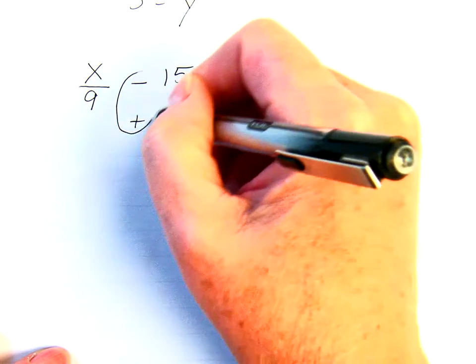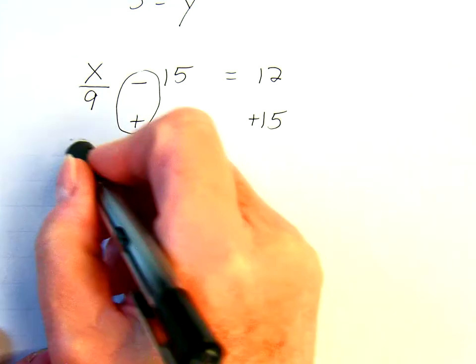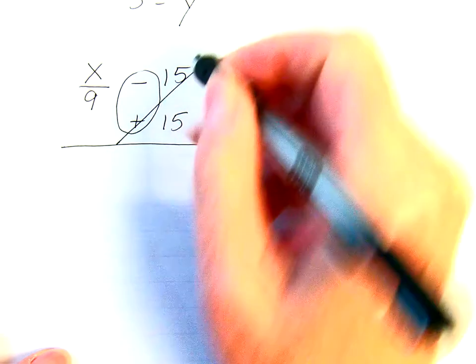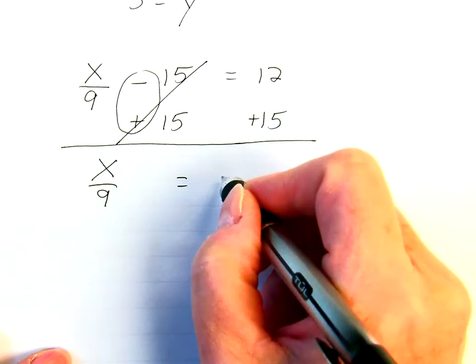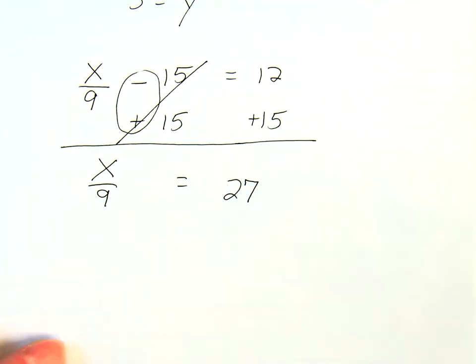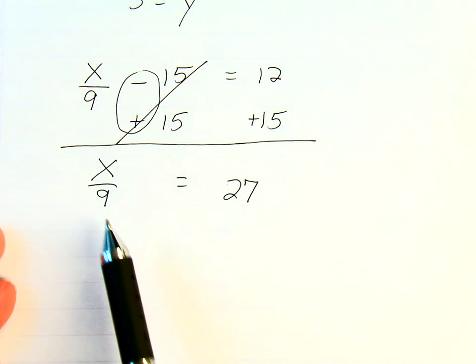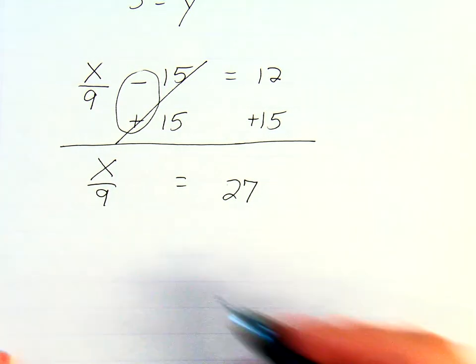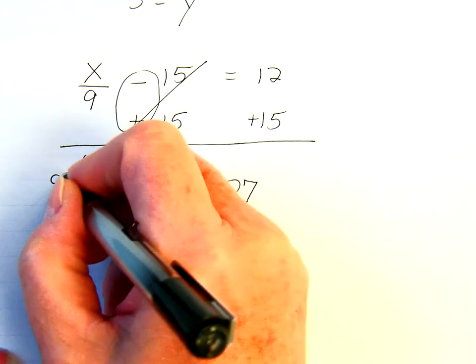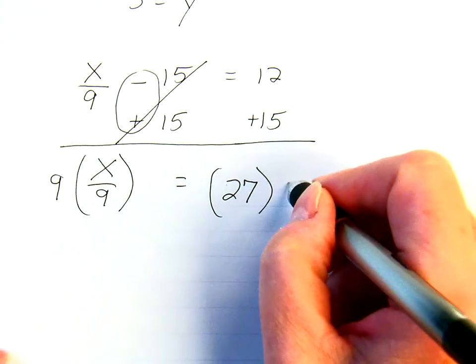Okay, this cancels out, leaving me x divided by 9 equal to 27. Now I have division, so I'm going to use the multiplication property of equality, which says I'm going to multiply both sides by 9.